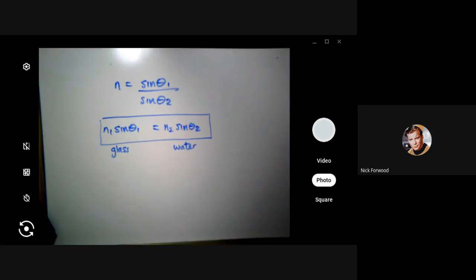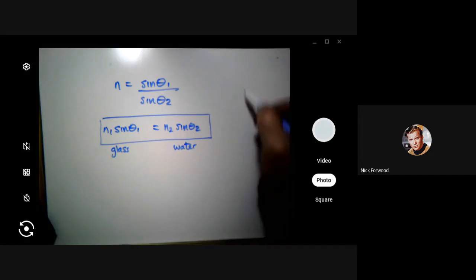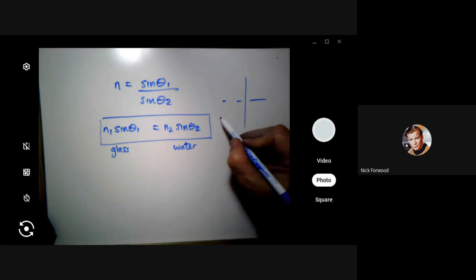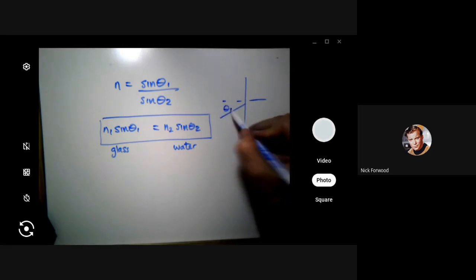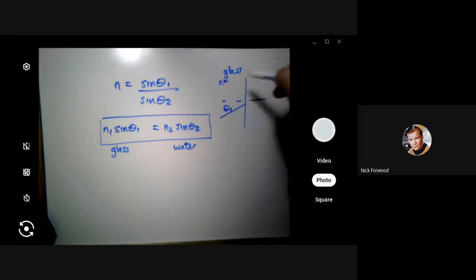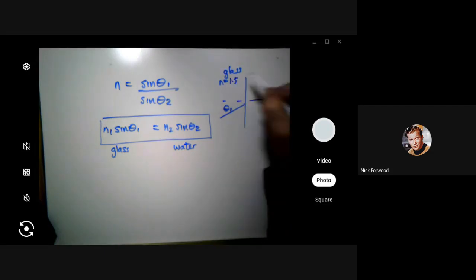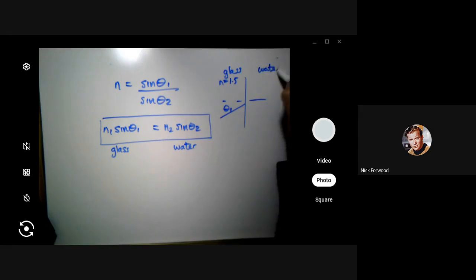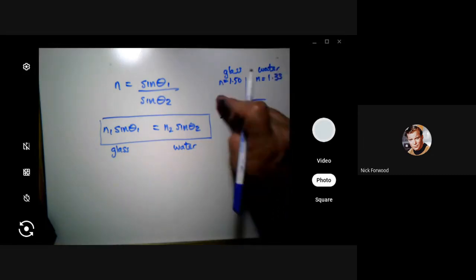If we go back to that question, which has disappeared off my board, I've got theta 1 in the glass. You don't need to get all this down again; it's just to remind me and you what you can see on the screen. You'll have it in your book. Glass n is 1.50, water n is 1.33, and I've got the beam of light coming in there.